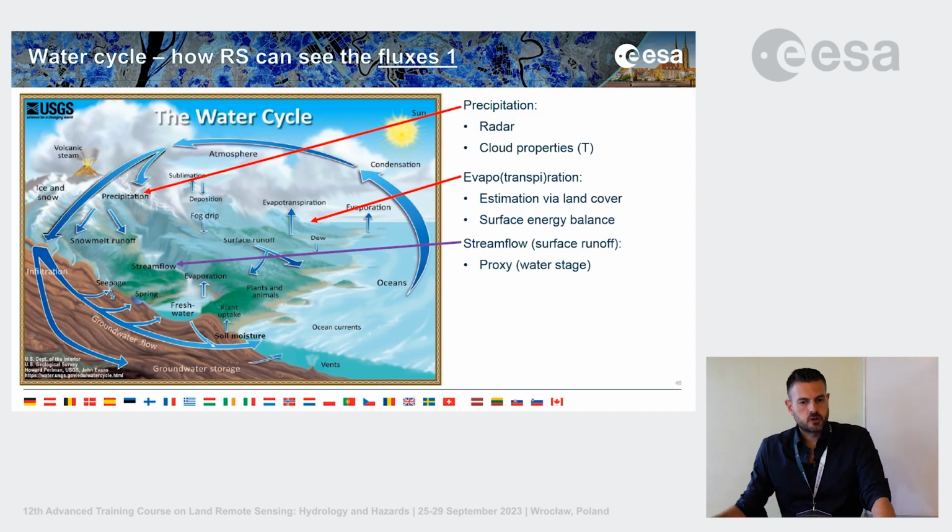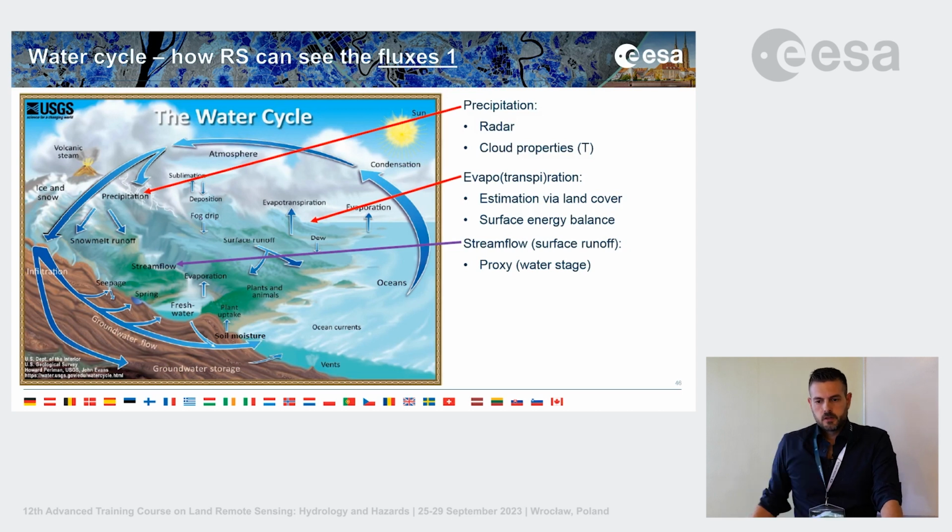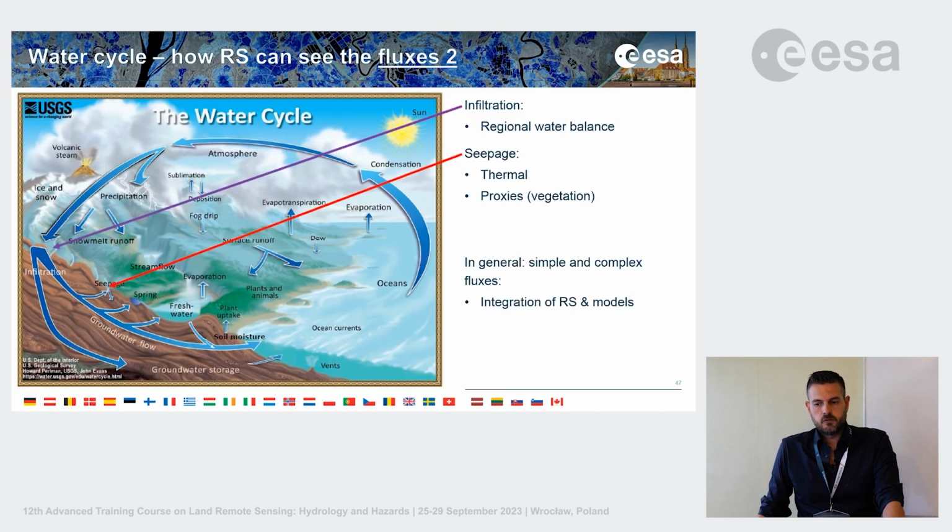So this is a description of the event in Emilia-Romagna last May 2023. 350 million cubic meters of water within 36 hours, affecting 100 municipalities.